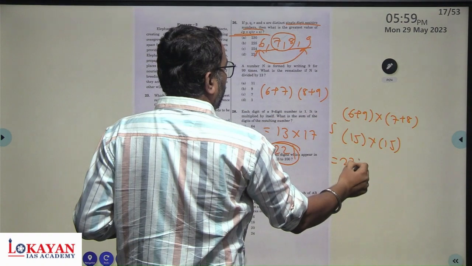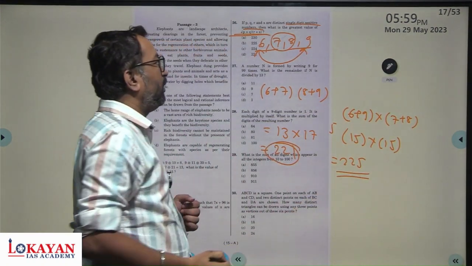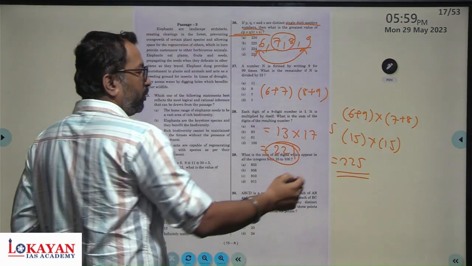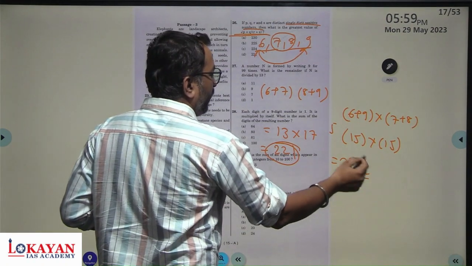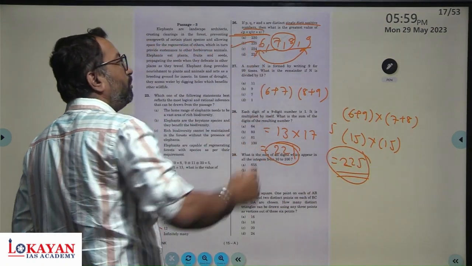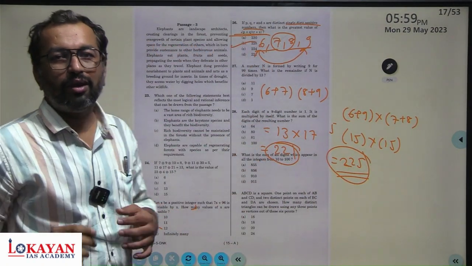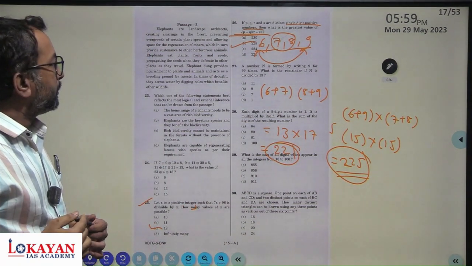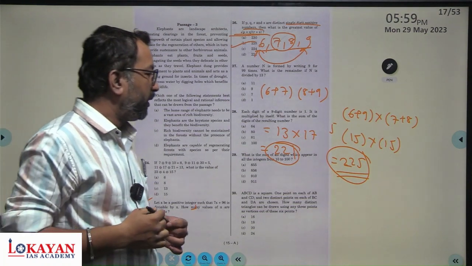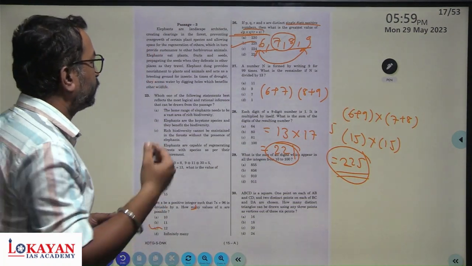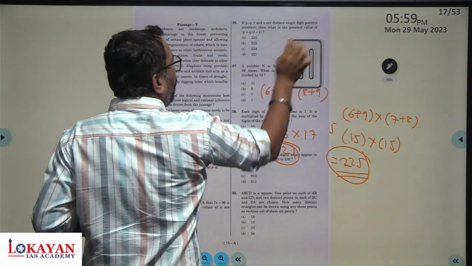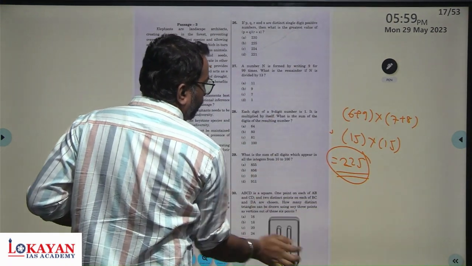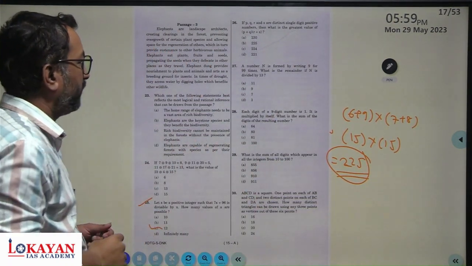Answer will be 225, option number B. So take extreme values together and take middle values together, that will give you the highest multiplication.